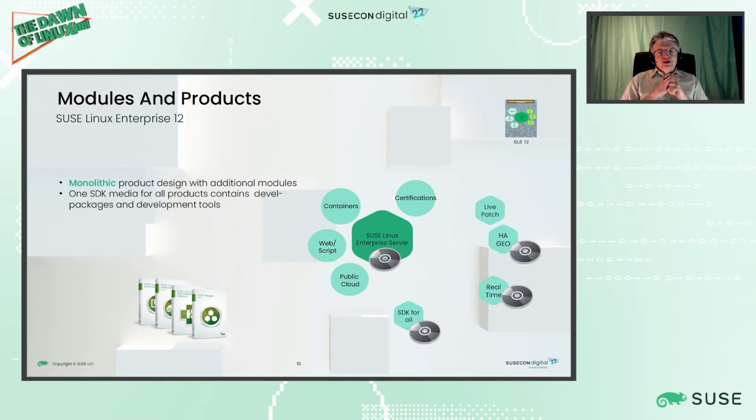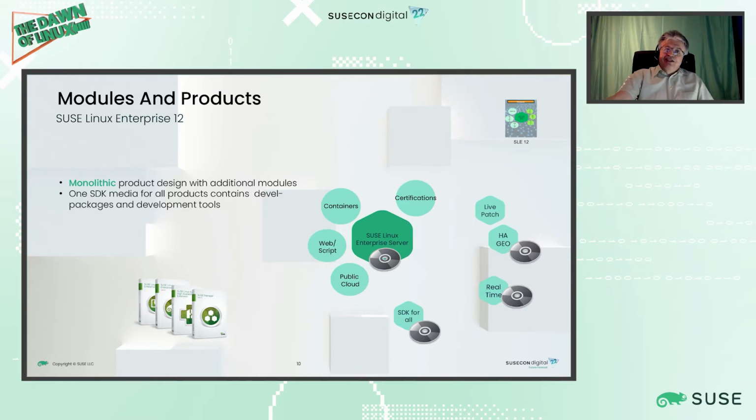The SDK was containing all the development tools, but also the devel packages for all of the products that you see. Which also means if you had the SDK, you sometimes had a devel package downloaded for a product that you don't even have and don't even need, which is a little bit awkward.